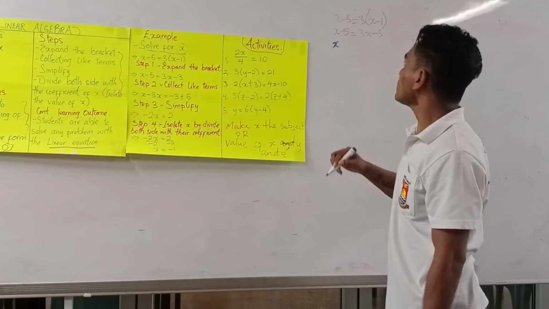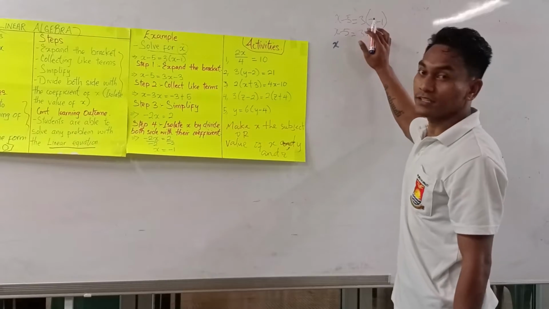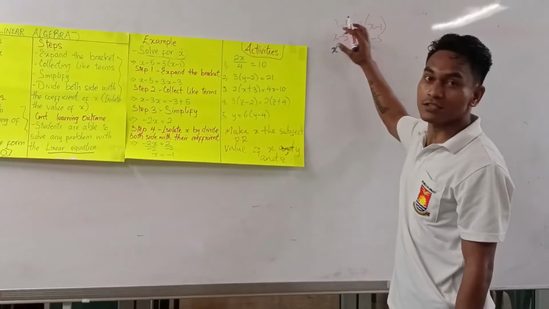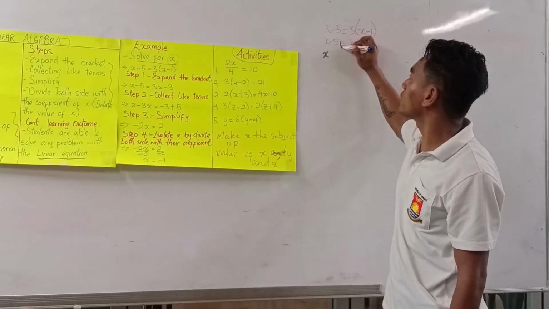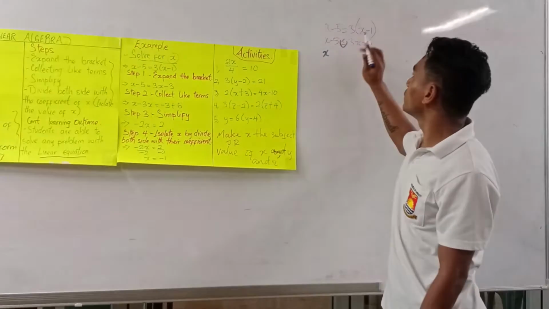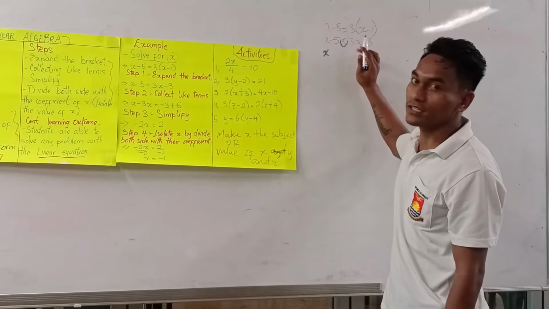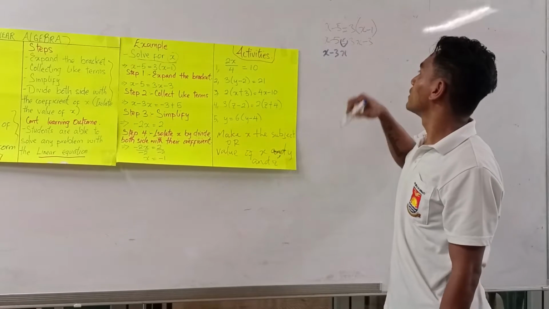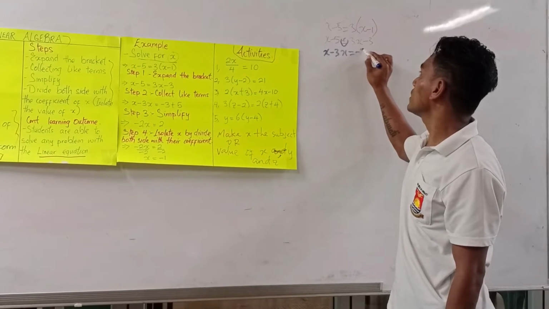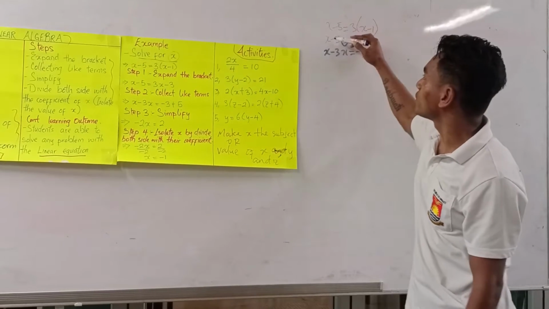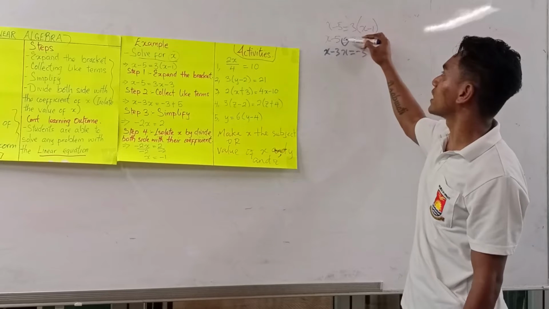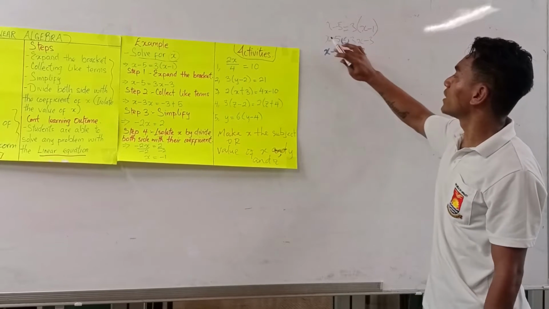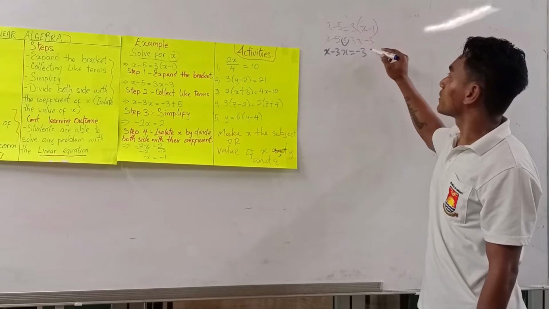So when you move positive 3x to the other side, it becomes negative 3x. When you move negative 5 to the other side, over the equal sign, the sign also changes, so it becomes positive 5.